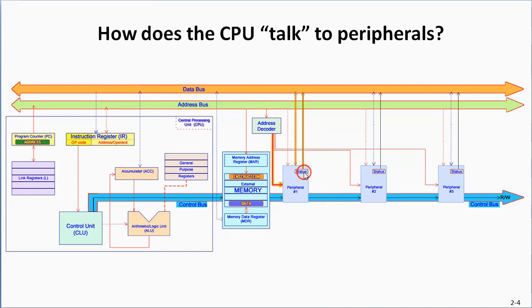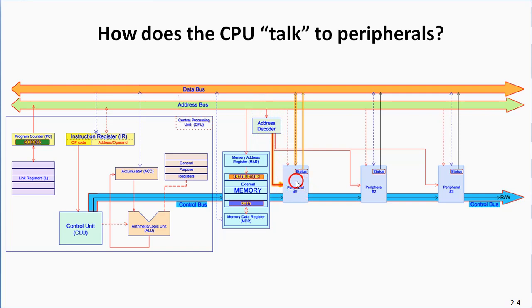The peripheral, by monitoring the address bus and recognizing that its address appears on the address bus, knows that the I/O operation is intended for it. For simple peripherals which do not do their own monitoring, a decoder does the monitoring and activates that specific peripheral after decoding the address that is on the address bus.